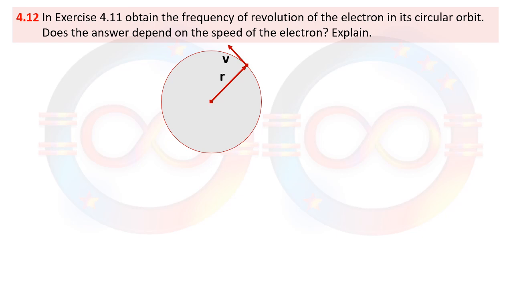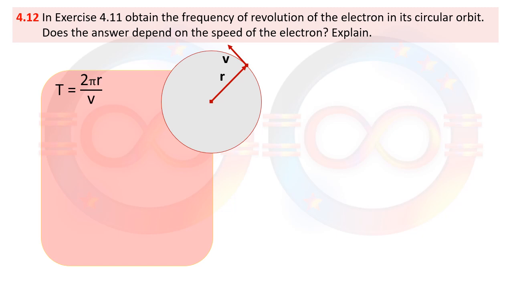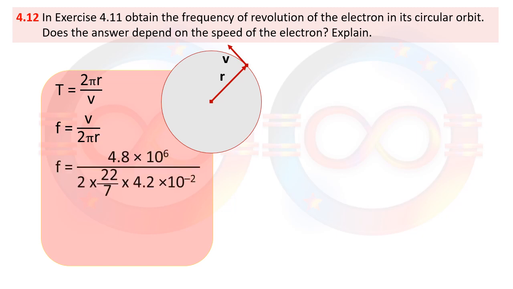Frequency means number of revolutions in 1 second. So if we want to first find the time period, it is nothing but total distance covered by the speed, that is 2 pi r in one round, and the speed is v, that is given in the question, 4.8 into 10 raised to 6. So frequency is nothing but the reciprocal of the time period, it is v upon 2 pi r. We put the value 4.8 into 10 raised to 6 as velocity, and you can see here that the answer does depend upon the velocity.